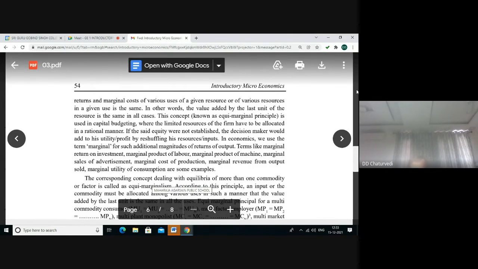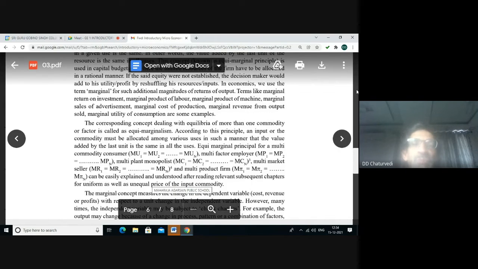In economics also we use this term marginal for such additional magnitude of return or output. We can think of terms like marginal return on investment, marginal product of labor, marginal product of machine, marginal sale of advertisement, marginal cost of production, marginal revenue from output, and marginal utility of consumption.